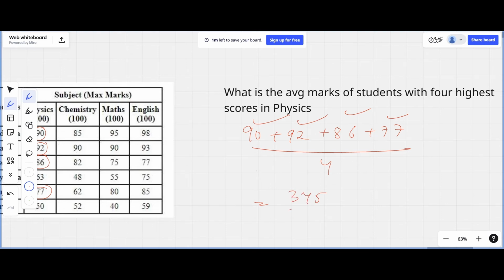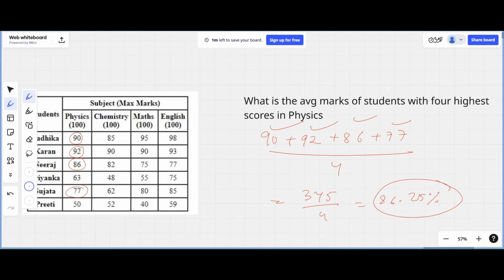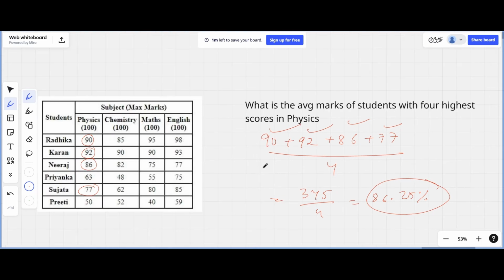If you divide 345 by 4, it is 86.25. That's it. It's so easy, right? This came in UGC NET, a previous year question in December 2024, the last cycle.